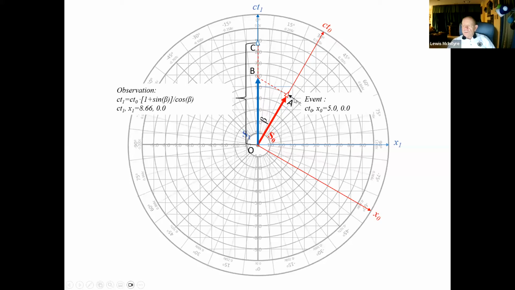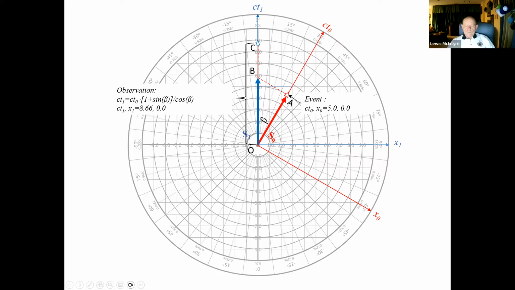AB is equal to OA times the tangent of beta. The time of observation is thus equal to OB plus BC, which is BA, which is geometrically, trigonometrically, the Doppler shift of OA to the time of observation, OC.